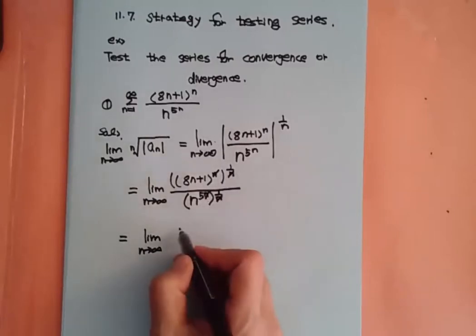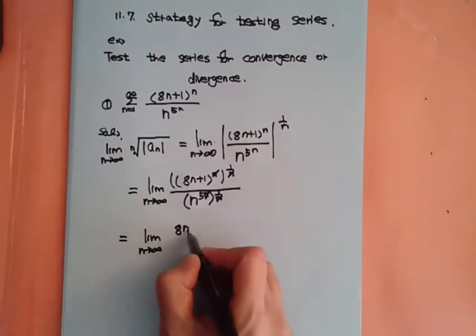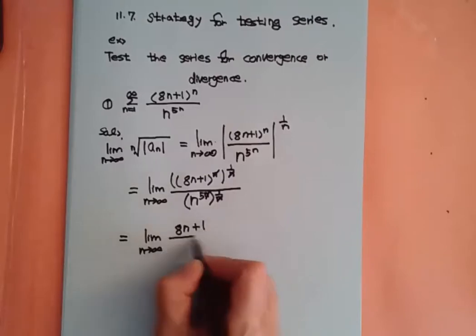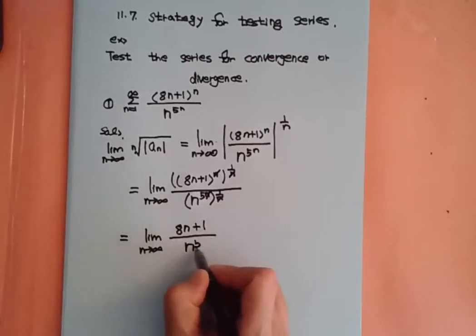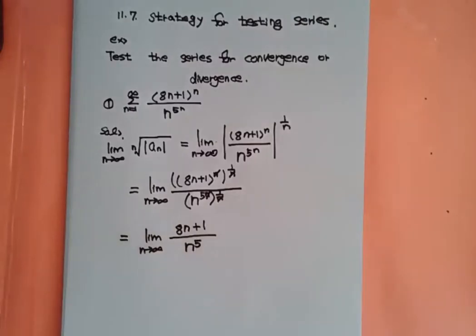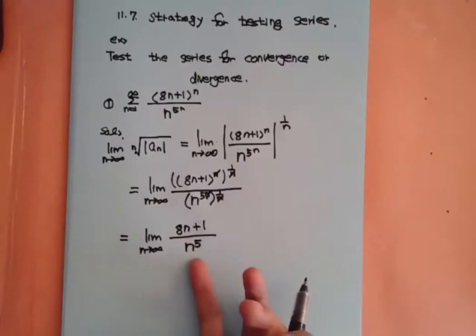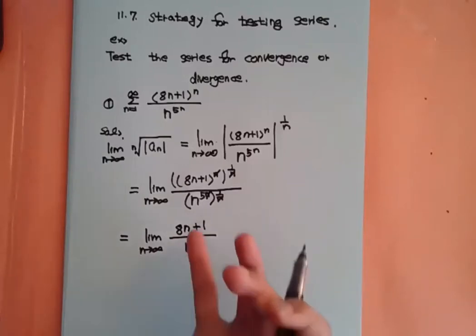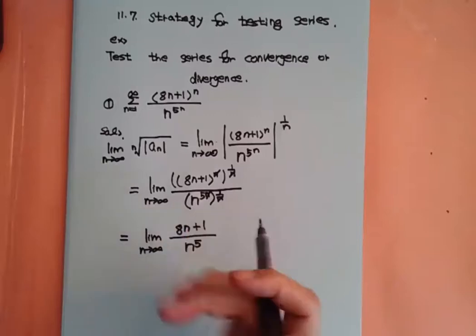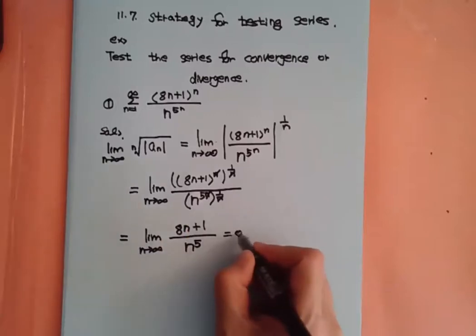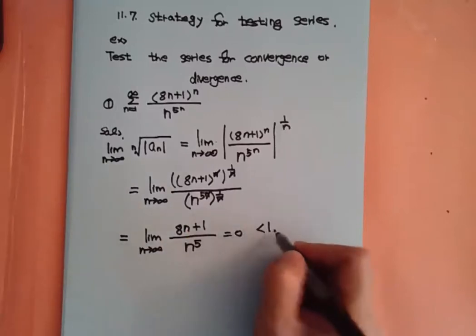So the numerator becomes 8n plus 1 over the denominator n to the 5th power. Obviously the denominator's degree is bigger than the numerator's degree, so the limit goes to 0, which is less than 1.